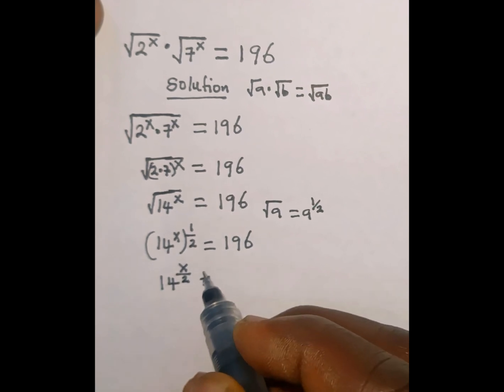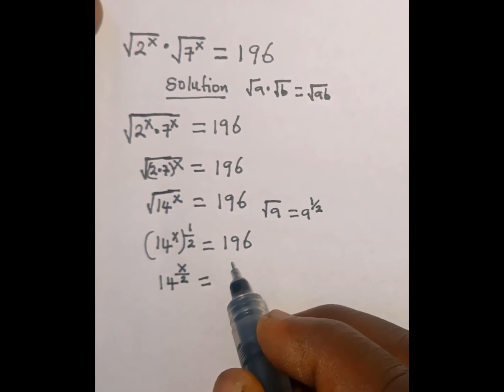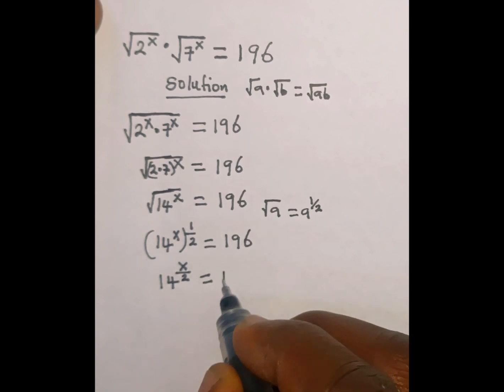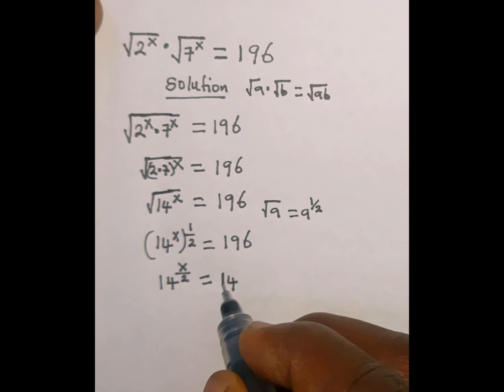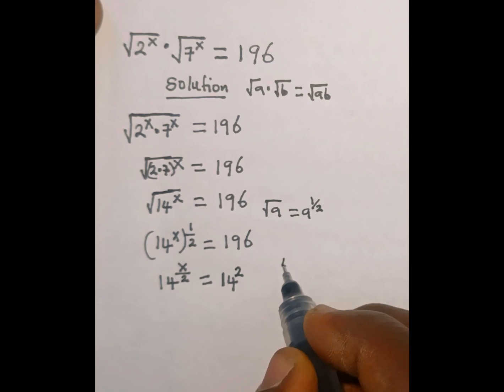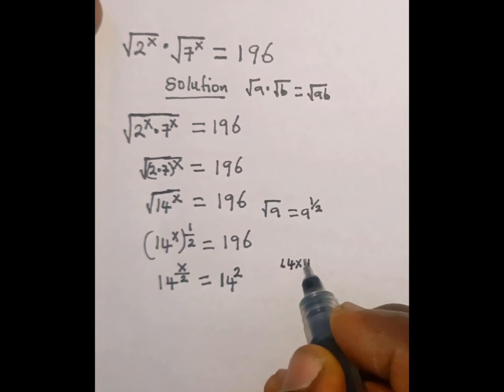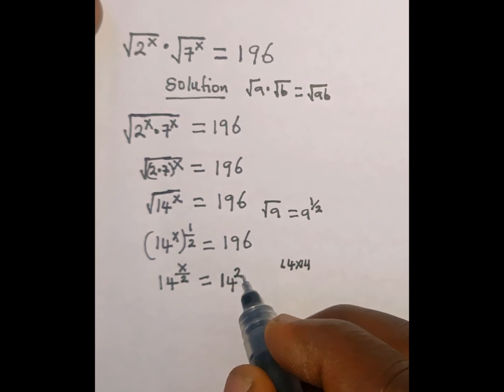which is going to be equal to, and we can write this 196 to the base of 14, okay? Because when we multiply 14 by itself twice, it is going to give us 196. So this implies 14 multiplied by 14, 14 in two places, will give us 196. So 14 to the power 2 is the same as 196.